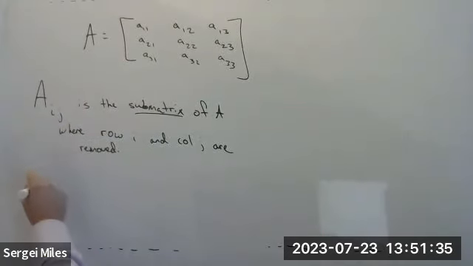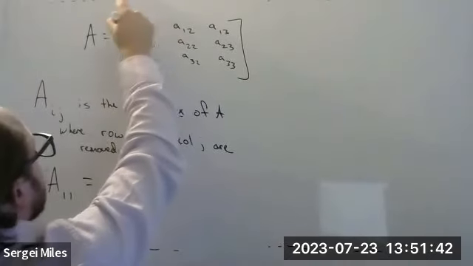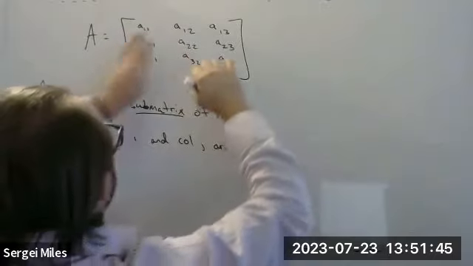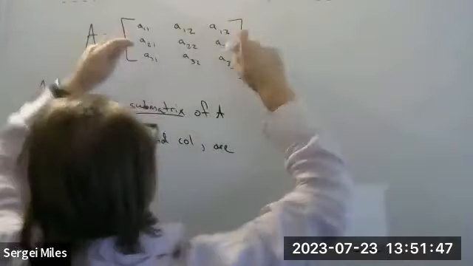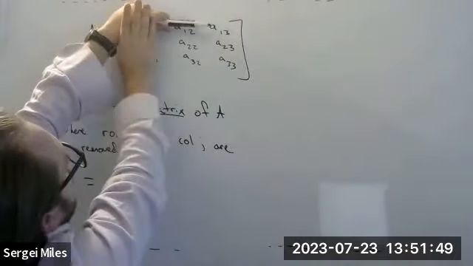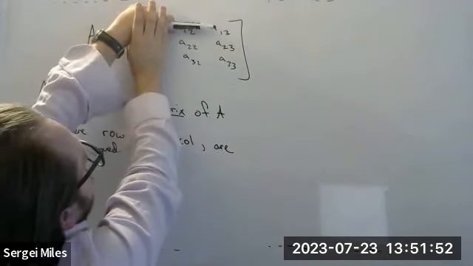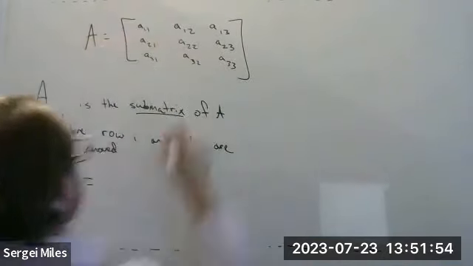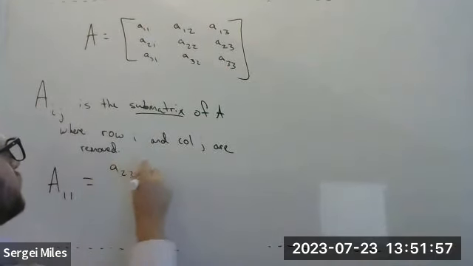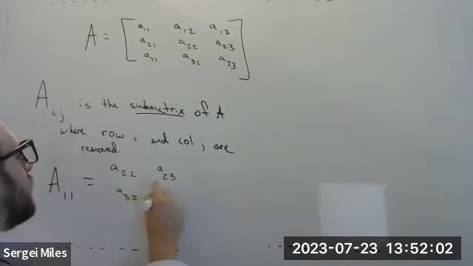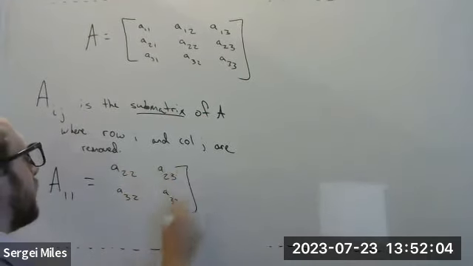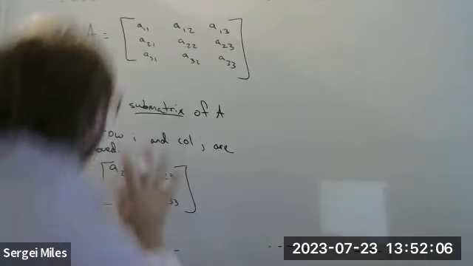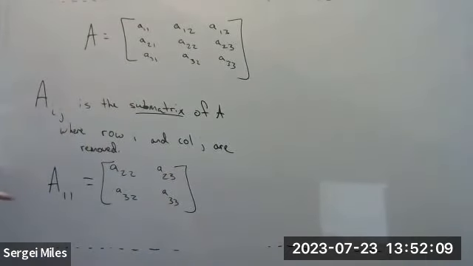So for example, the submatrix A11 is the matrix where I cover up row 1, column 1. What am I left with? I'm left with this little 2 by 2 matrix: A22, A23, A32, A33, right? This notation is going to be very important for what we're about to do next, so I want you to have this in the back of your mind.